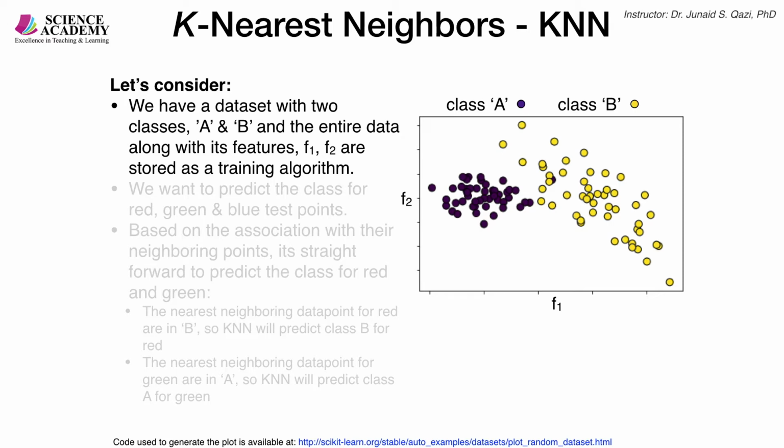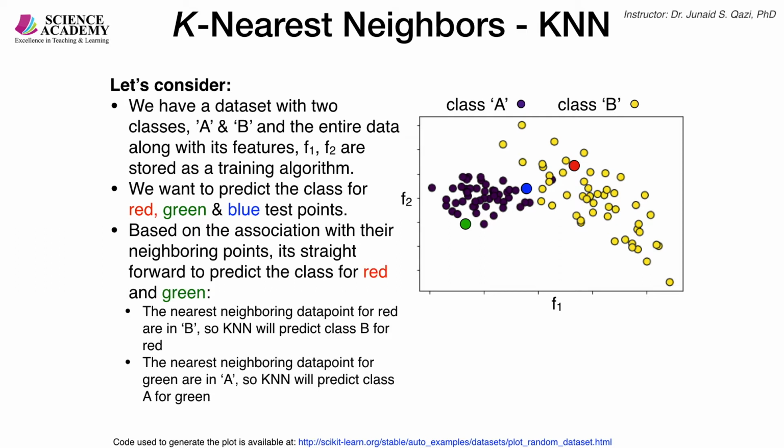Let's consider we have a dataset with two classes, A and B, and the entire data, along with its features F1 and F2, are stored as a training algorithm. We want to predict the class for red, green, and blue test points. Based on the association with their neighboring points, it's straightforward to predict the class for red and green.